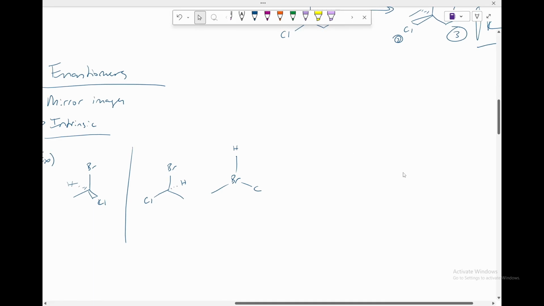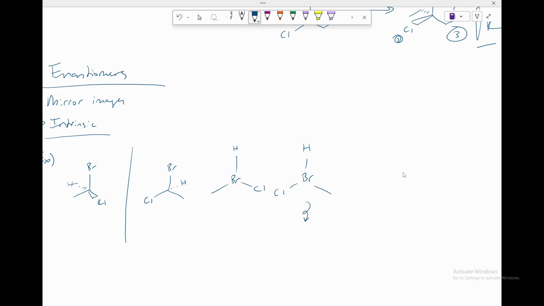No matter how much I rotate this one, maybe I can help try to convince you. I can say, okay, this hydrogen, this methyl, this chlorine, right? Can't exactly swap this around or rotate the bonds around here.